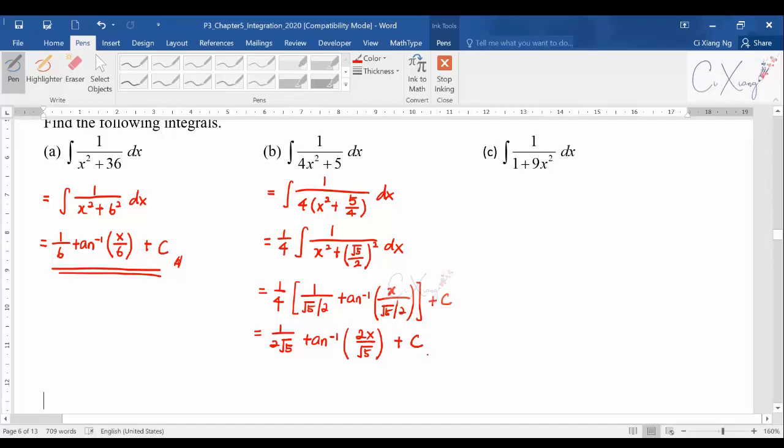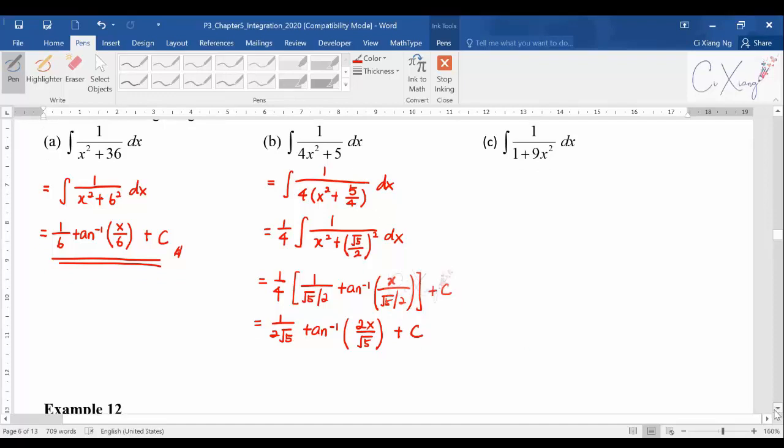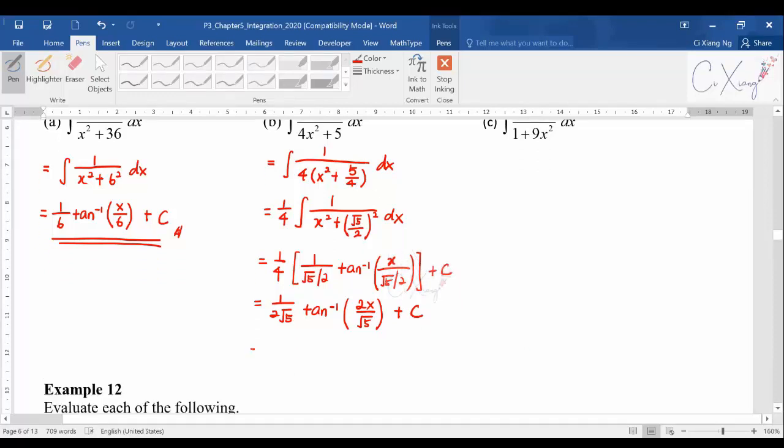If you want, you can stop your answer here. If you don't want, you can further rationalize it. If you rationalize this one, you will get square root 5 over 10, then tangent inverse, and on top here you will have 2 square root 5x over 5, and then plus c.